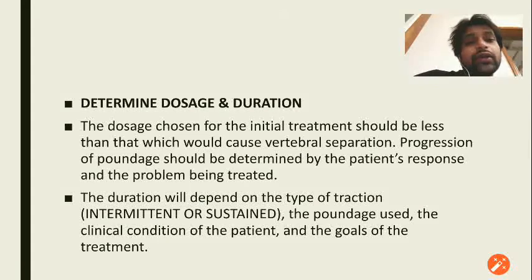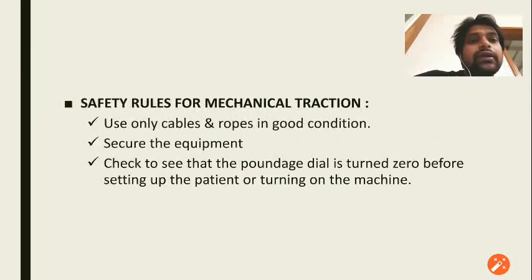If you choose intermittent traction, the applied force is more and the time is less. In sustained traction, the applied force is less but the time is more. The poundage and duration also depend on the clinical condition of the patient and the goals of the treatment.